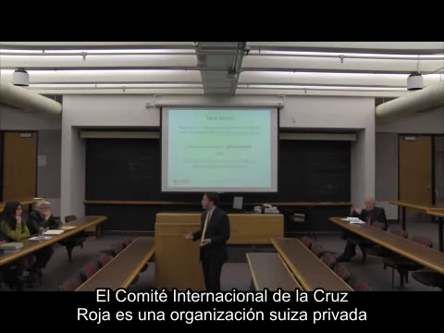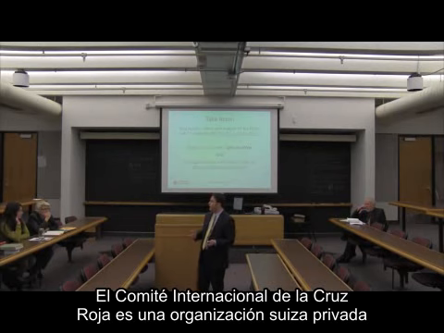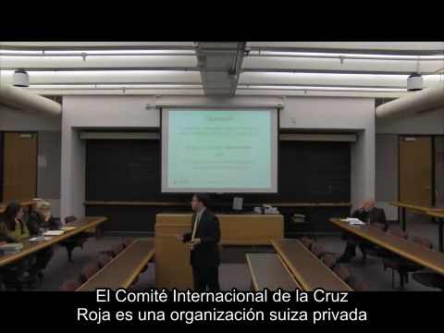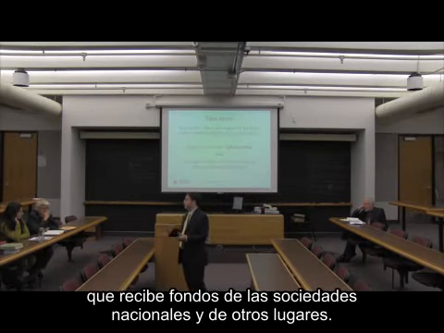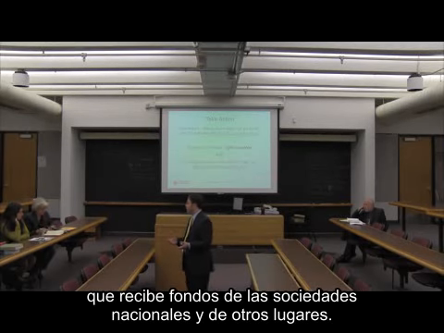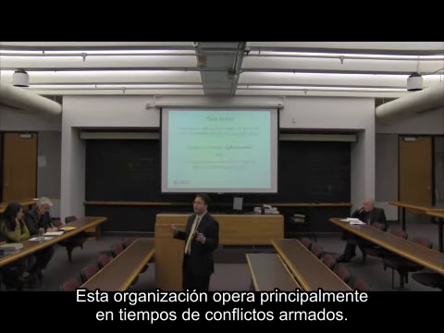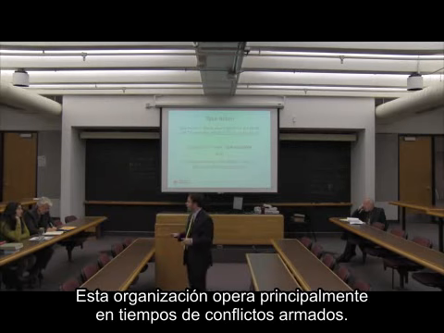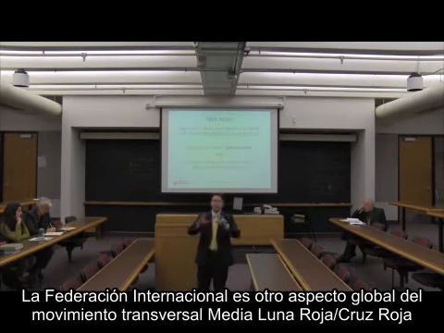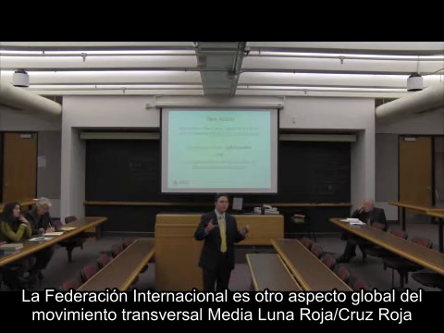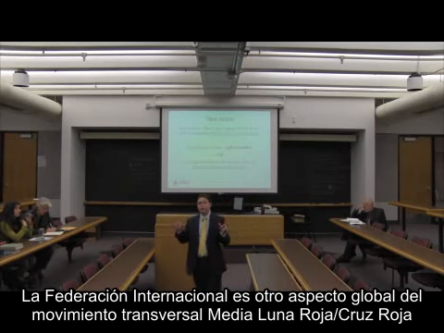The International Committee of the Red Cross is a private Swiss organization that receives funding from national societies and other places as well. They're the ones that primarily operate in times of armed conflict. And then there's the International Federation, which is another global aspect of the Red Cross, Red Crescent movement.